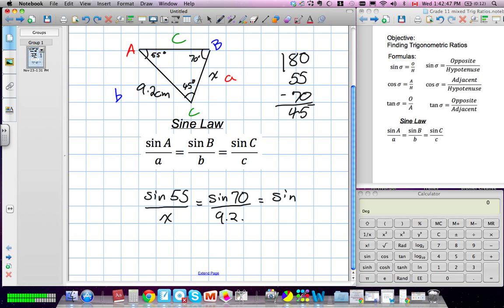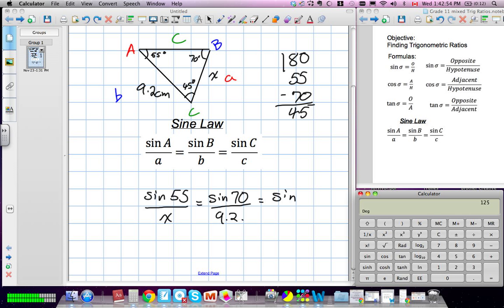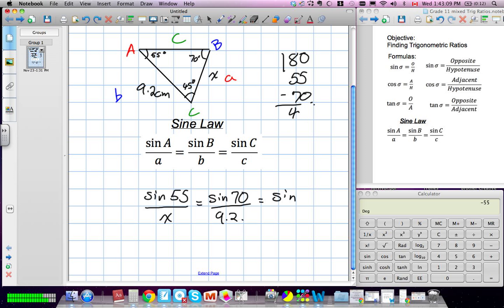Hold on, ready? It is 55. 9.2. Oh, why did I miss that? Okay, so our other angle is 55. We're able to figure that out because we know a triangle adds up to 180 degrees.